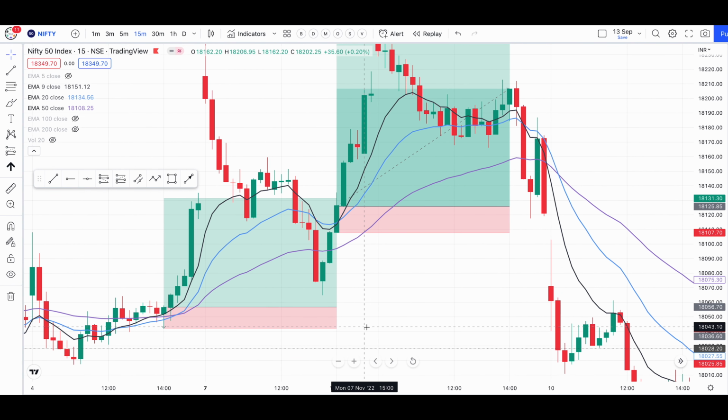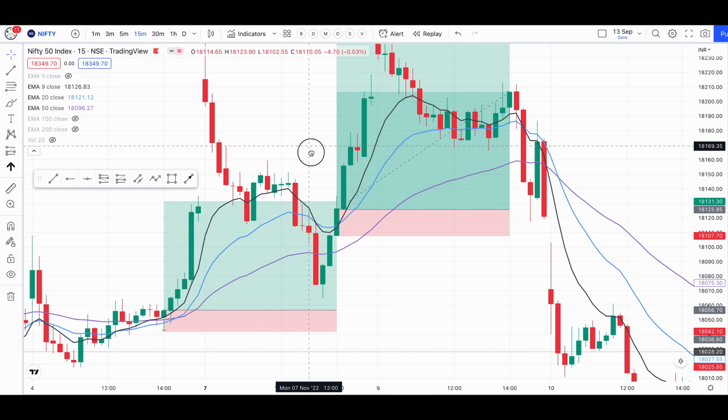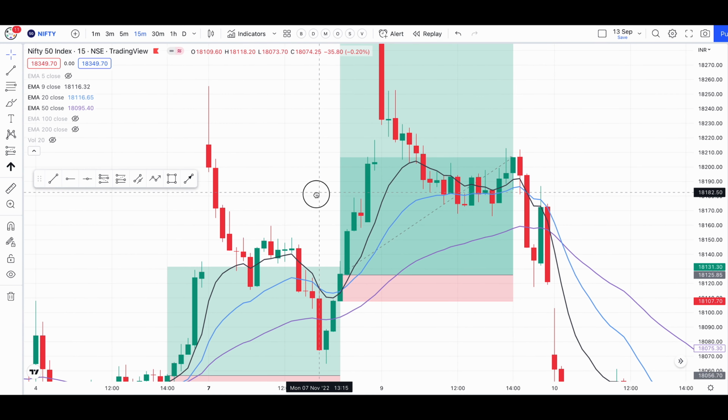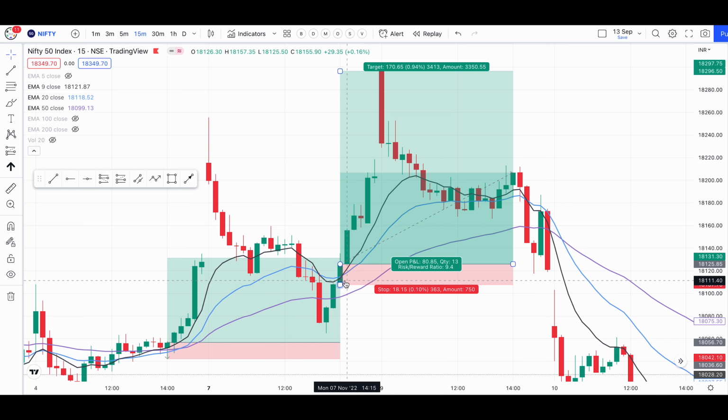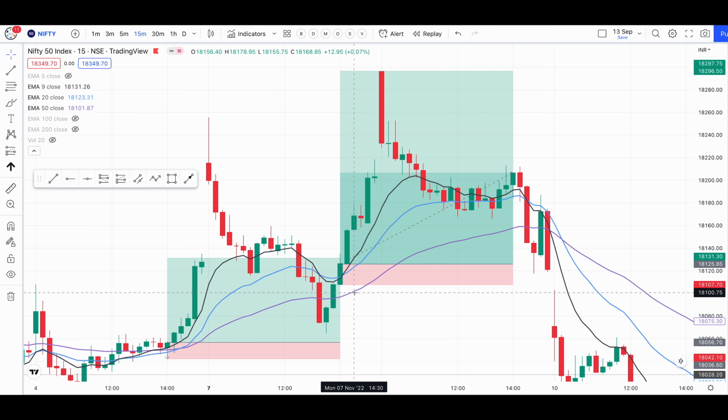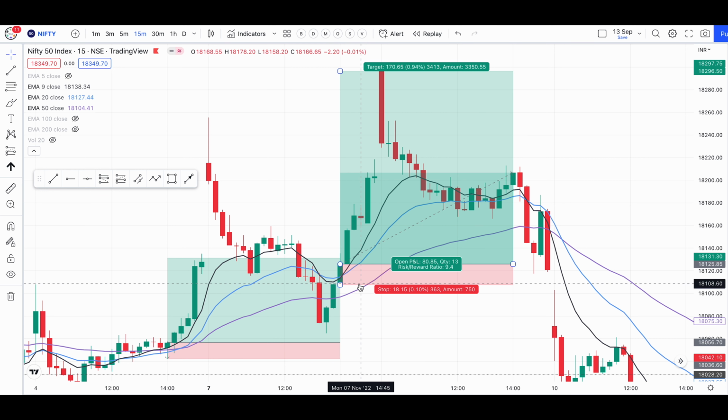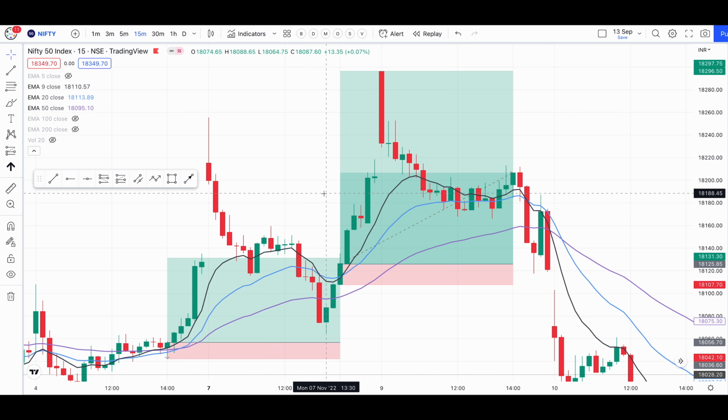One more thing: if the strategy triggers after 2 p.m., you can plan your BTST. You will definitely get a next day uptrend. That happened over here, and if you fix your stop loss at 18 points, you will get 170 points. That's huge, right?